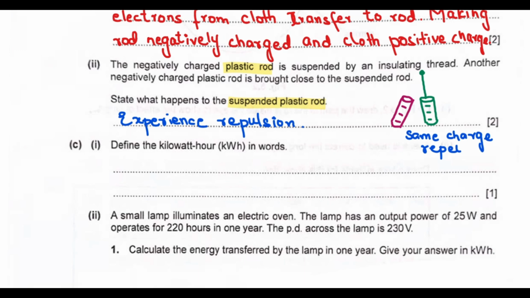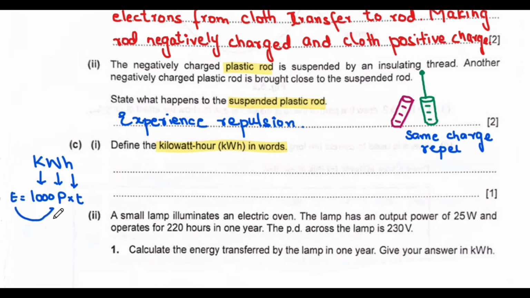C part says define kilowatt hour in words. Kilowatt hour. If we break it down, kilo means 1000, watt is the unit of power, and hour is the unit of time. P times T is equal to energy.